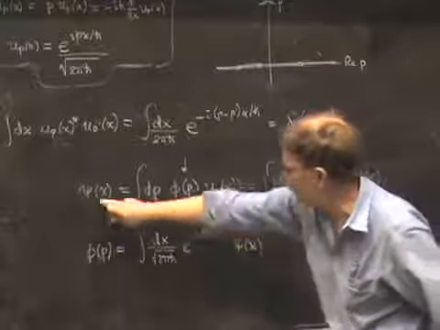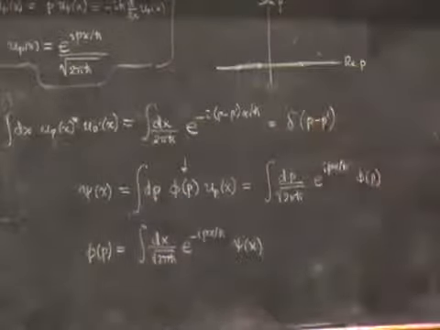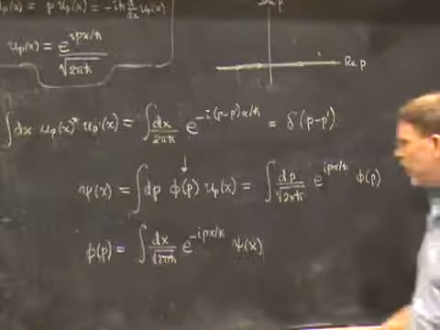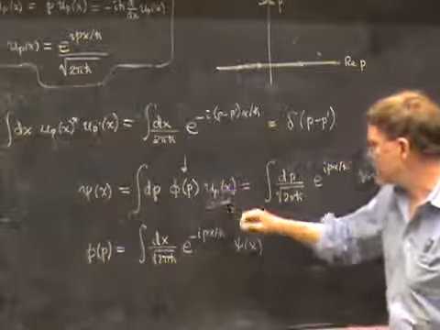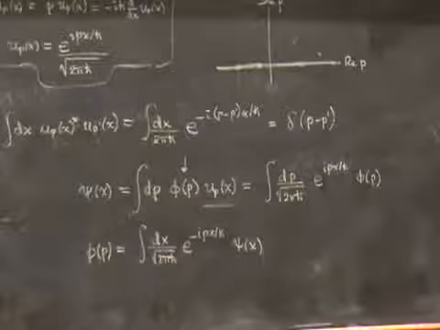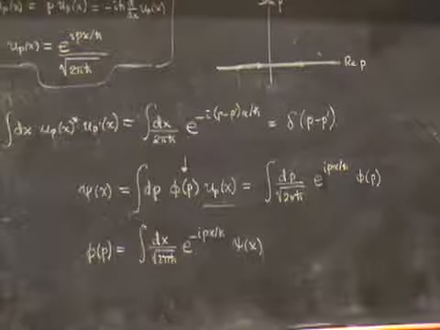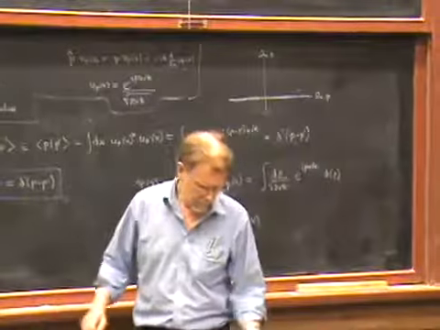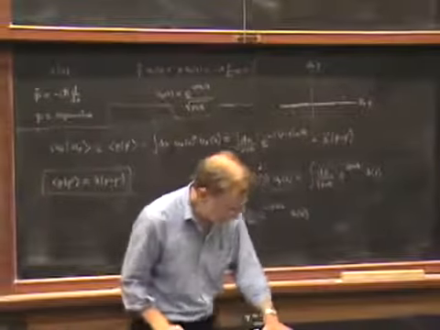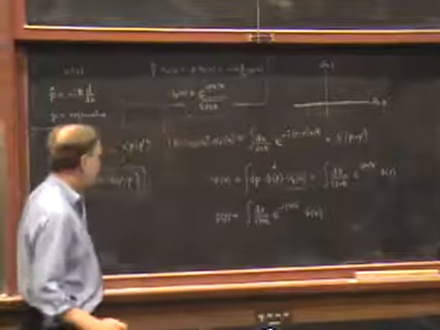They're nothing but the Fourier transform of psi, or as we say in quantum mechanics, the momentum space wave function. And in this sense, these eigenfunctions of the continuous spectrum are complete. All right. Now, that's the situation, part of the situation with the momentum operator in a continuous spectrum.